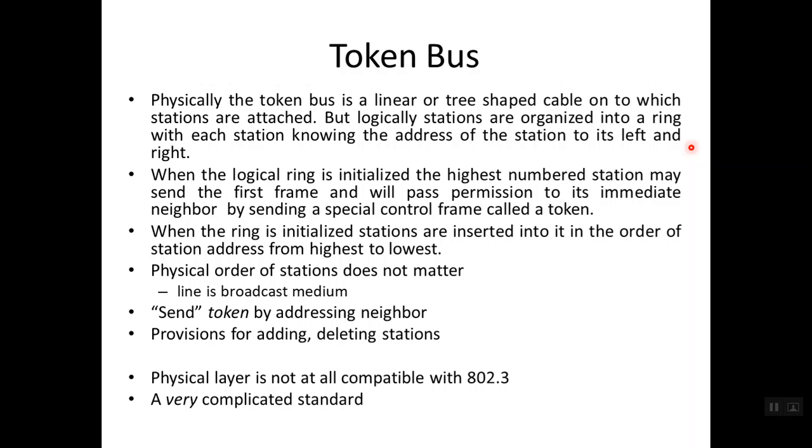Logically, stations are organized into a ring, with each station knowing the address of the station to its left and right. So each station knows the address of its neighbors. In a ring, a station has a left neighbor and a right neighbor, and each station knows the address of the left station and the right station.